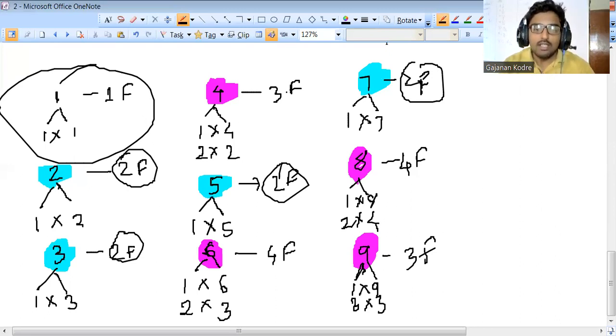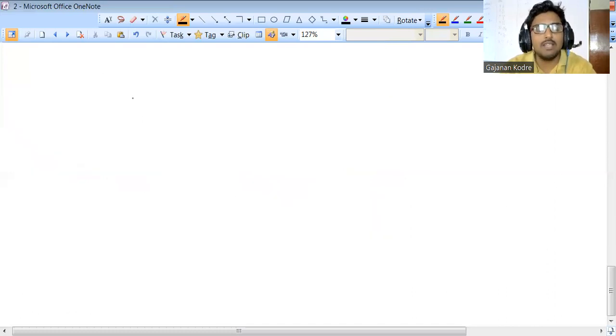Now, as we have understood the concept, what are we supposed to do? Sieve of Eratosthenes. What is the sieve of Eratosthenes? It is a technique, or we can say a simple method, by which we can find the list of prime and composite numbers from number 1 to 100.